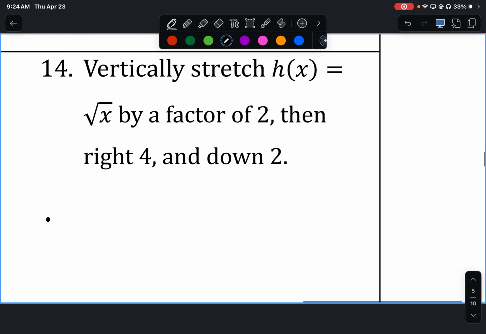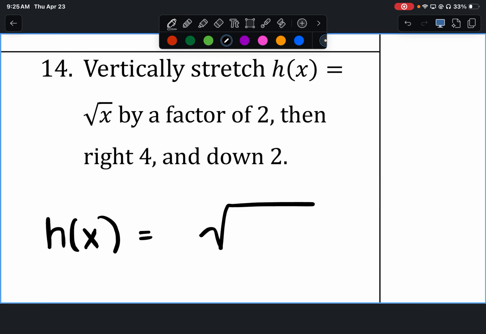Yep, h of x. So with this one, whenever we set this one up, all right, so what did y'all say we did with the 2? That goes in the very front.